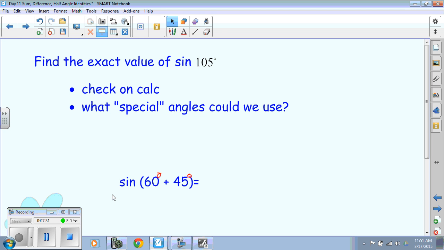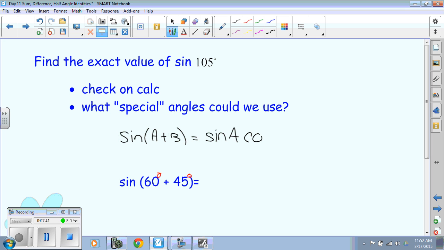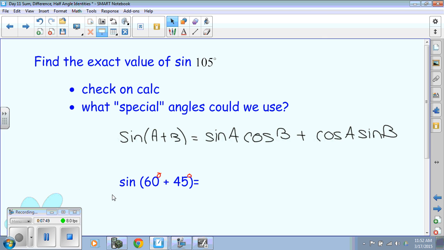I think you were limited to that. Okay, so pulling that from our sheet. What's A going to be this time? 60 degrees. Correct. And B? 45. Yeah.